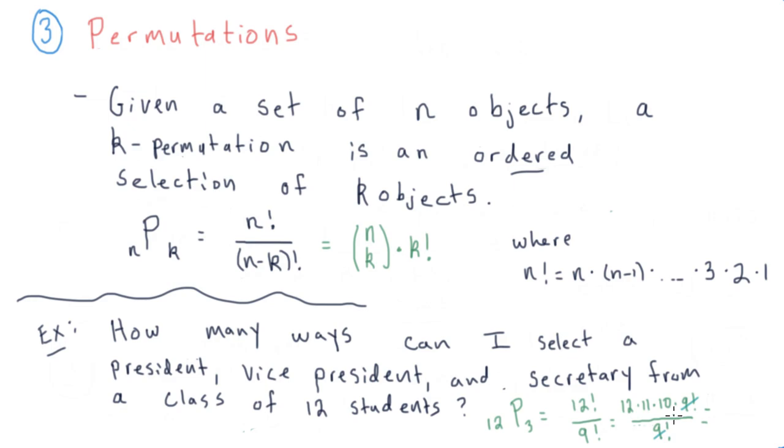So it is 12 times 11 times 10. And what is 12 times 11 times 10? Let's figure it out. 1,320. So there are 1,320 ways to select president, vice president, and secretary from a class of 12 students.